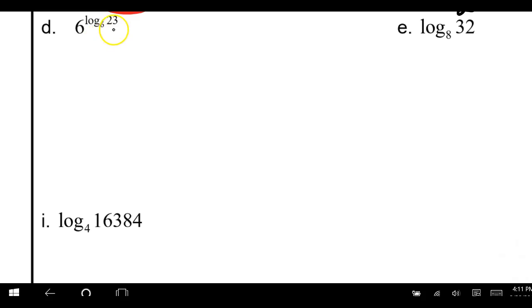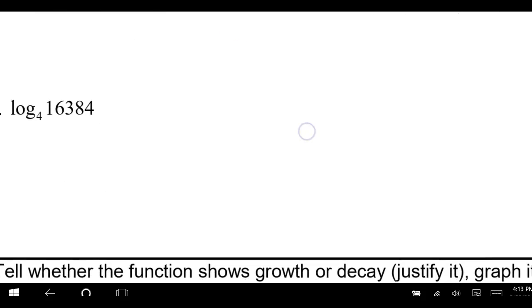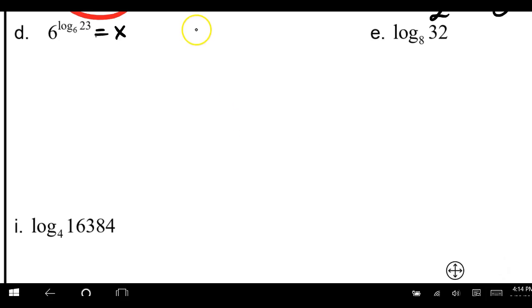Okay, so now for this one. This one looks a little different because now we have our log as our exponent, but still use the same idea. Okay? So now, again, this is equal to some value. We don't know what it is. We'll call it x. Remember, this is in exponential form. And since this is in exponential form, which is b to the e equals a, we can rewrite this back in the log form.